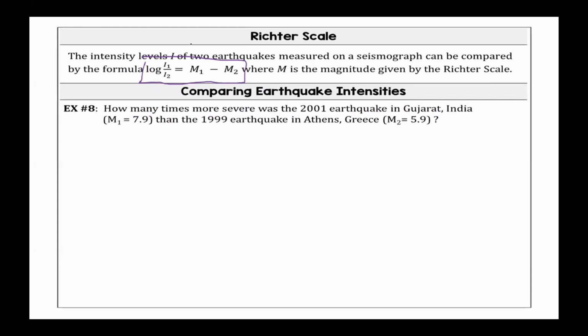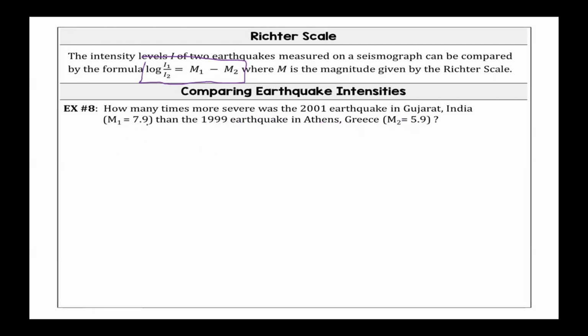So we have log of I1 divided by I2 equals M1 minus M2. It says how many times more severe was a 2001 earthquake in Bihar, India, where M1 equals 7.9, than a 1999 earthquake in Athens, where your magnitude M2 is 5.9. All we're simply doing here is subtracting for the most part.